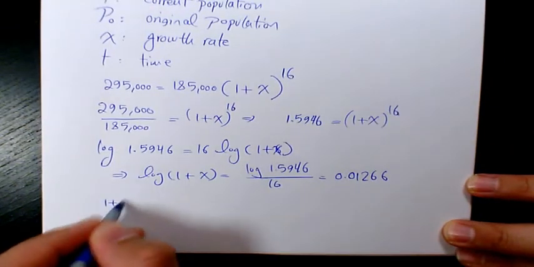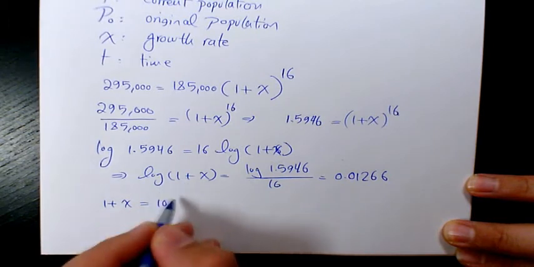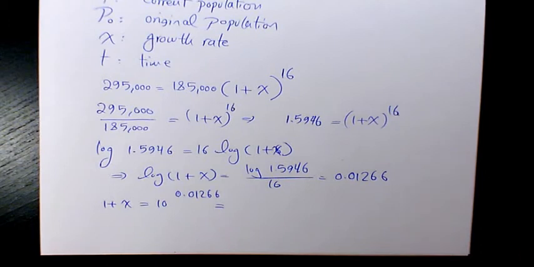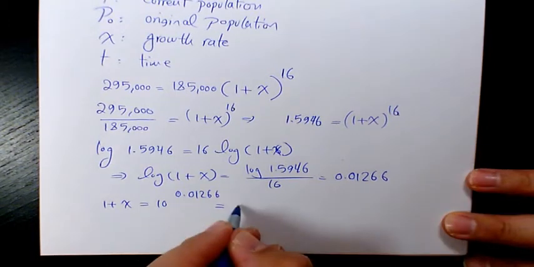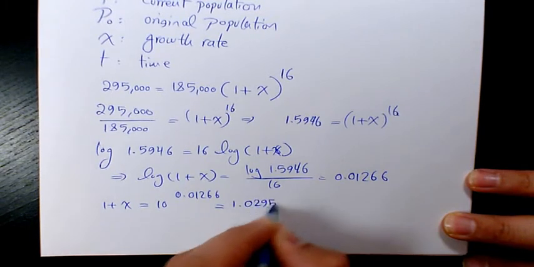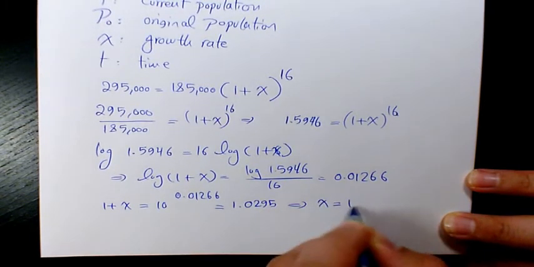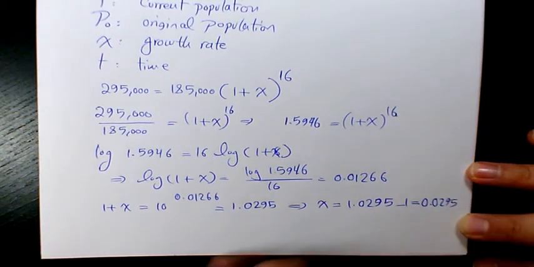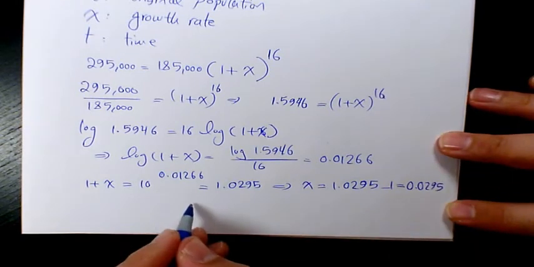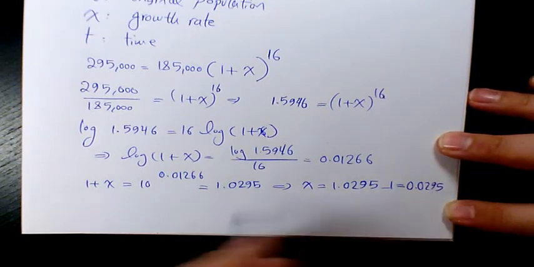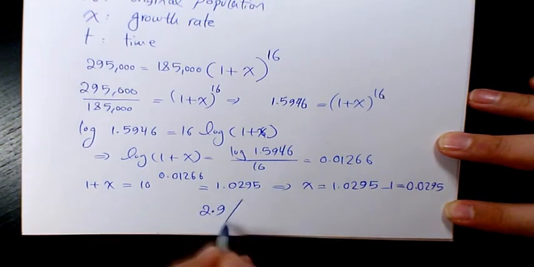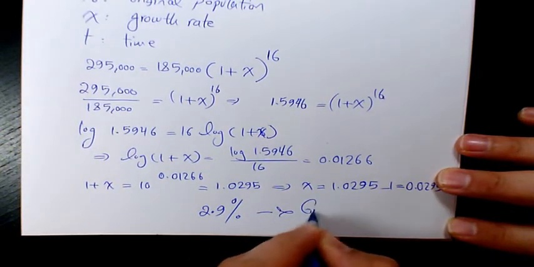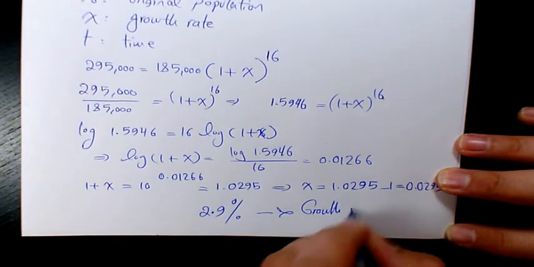So 1 plus x is going to be 10 to the power of, because the base is 10 here, 0.01266, which is going to be 1.0295. So x will be 1.0295 subtract 1, which is 0.0295. And that's going to make it, times 100, 2.9%. So that's going to be the growth rate.